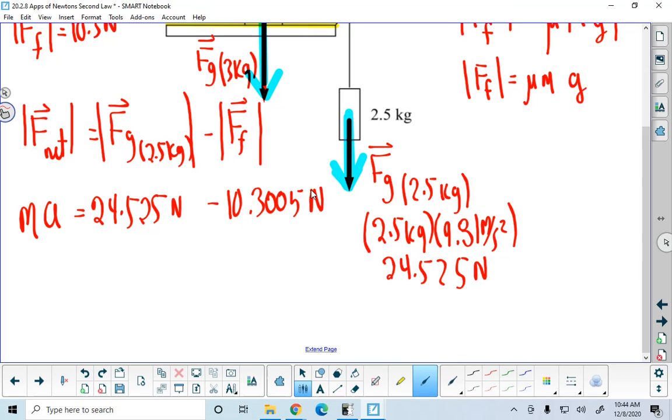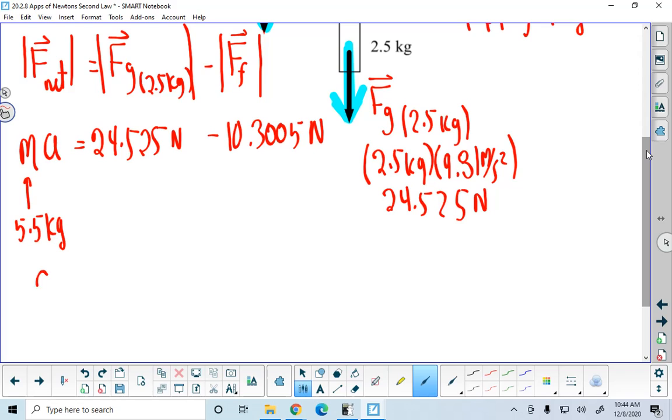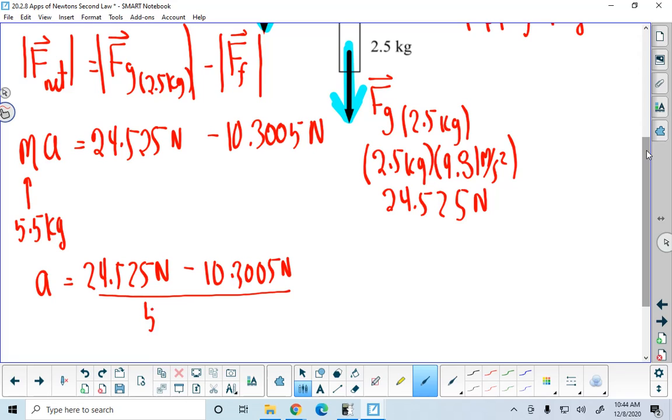The mass here is the total mass of 5.5 kilograms, which means the acceleration is found by subtracting those two forces and dividing by that mass. So the acceleration will be equal to 24.525 newtons minus 10.3005 newtons over 5.5 kilograms.